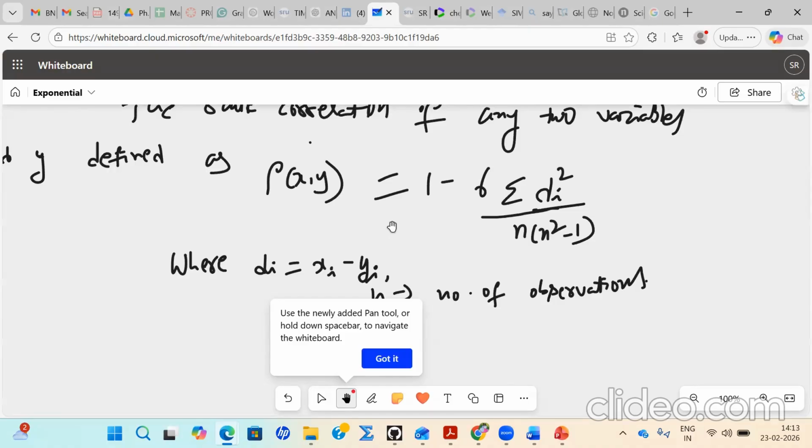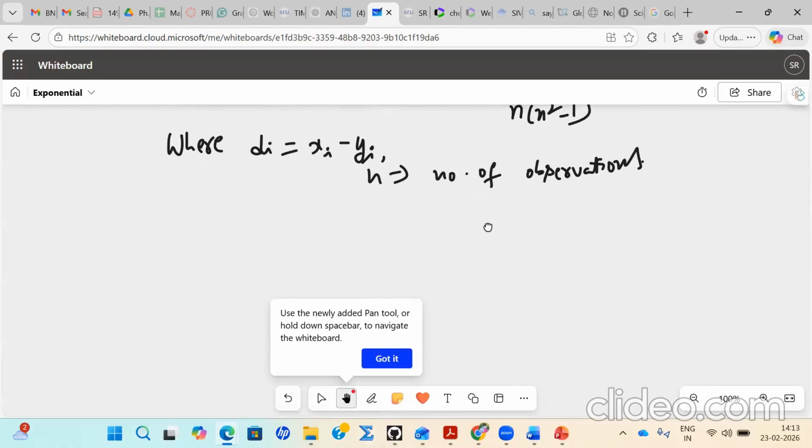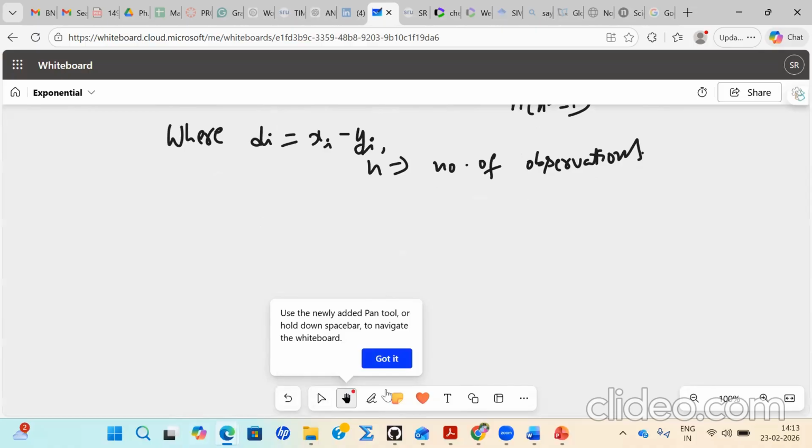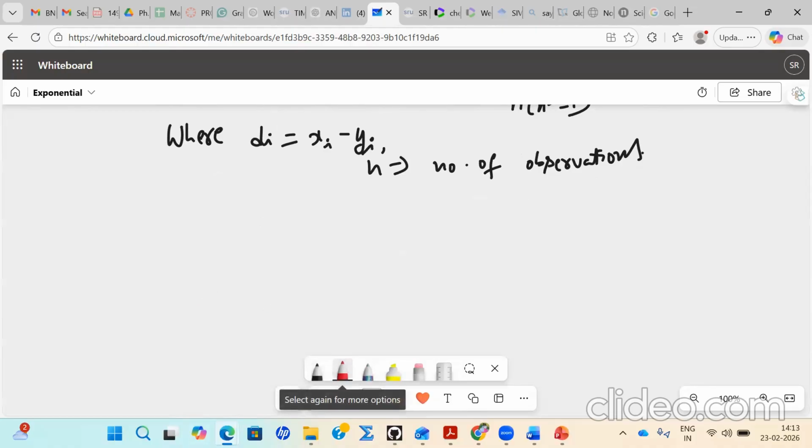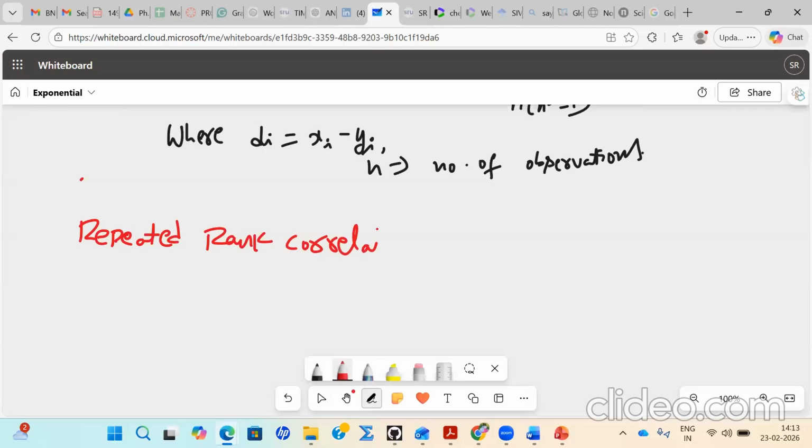Okay, write down next: repeated rank correlation, meaning repeated data rank correlation.